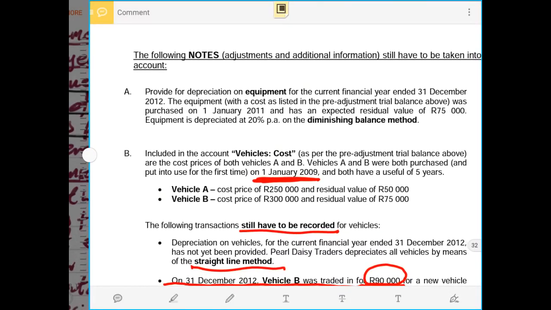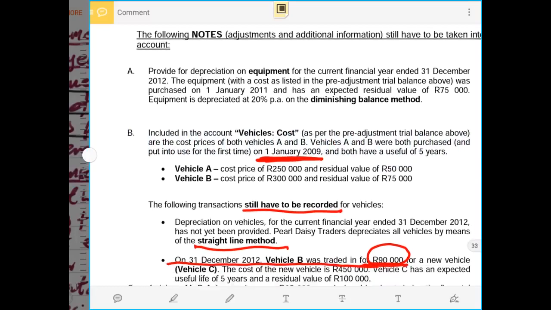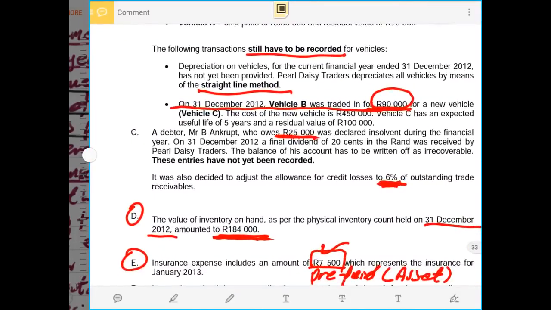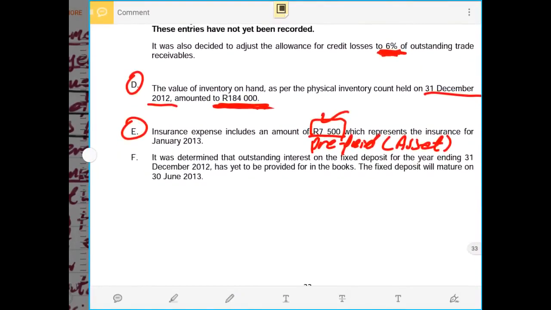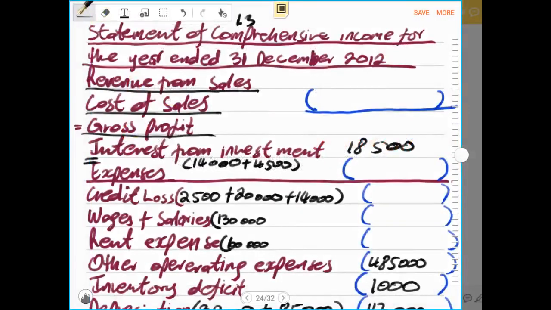First of all, structure everything, have your template completed. Therefore now, since I am done with all the adjustments and I'm very confident that I've recorded and captured them where they're supposed to be recorded, it means I can just go and totalize all my amounts. Then now I have to see what is to be balanced.